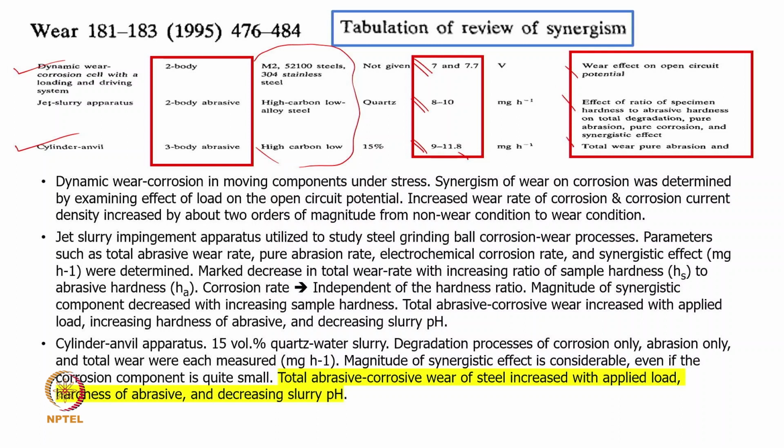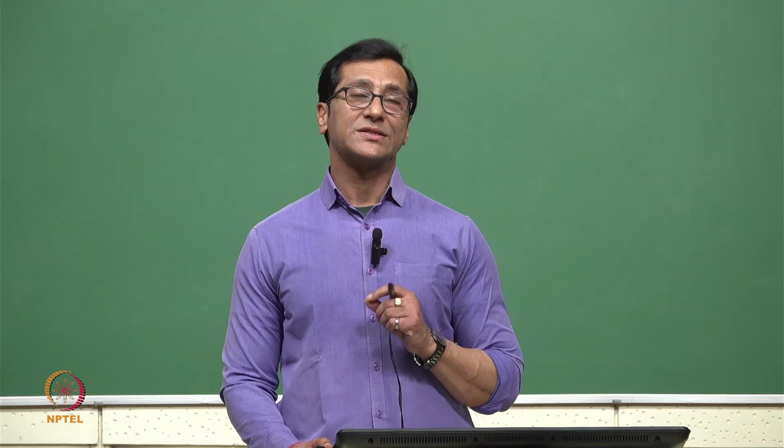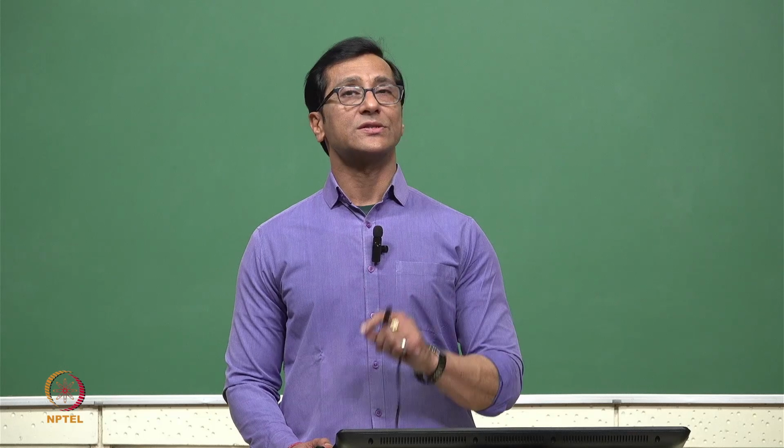In this case, they are showing very clearly that the ratio of specimen hardness to abrasive hardness will affect the total degradation, and if specimen hardness is on the higher side, then the chances of wear will also reduce. And if the wear reduces, the impact of synergy also will reduce.